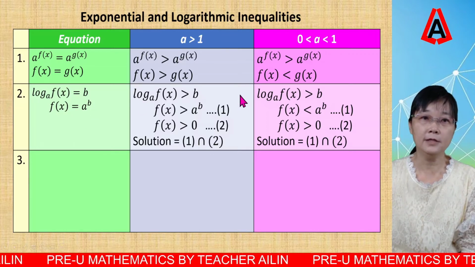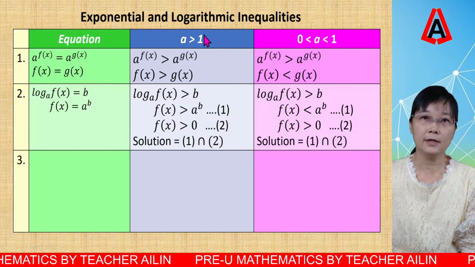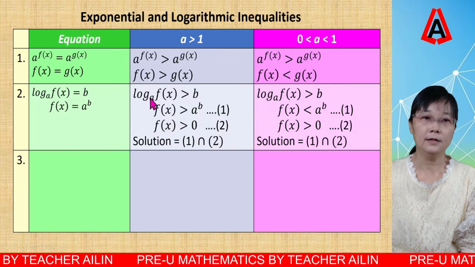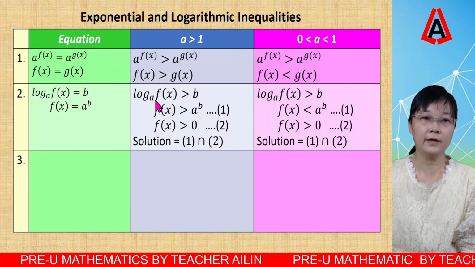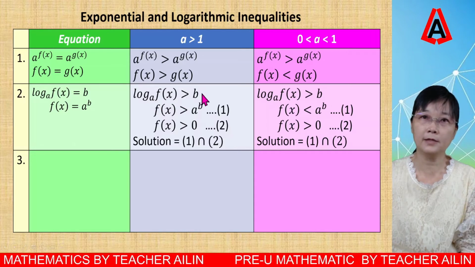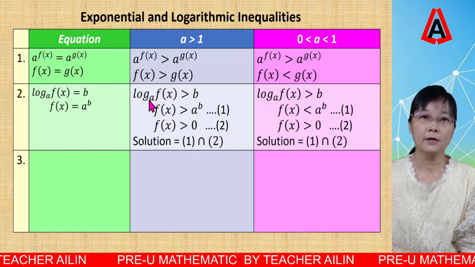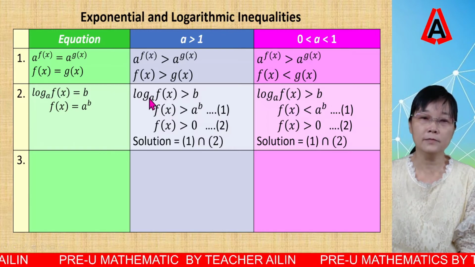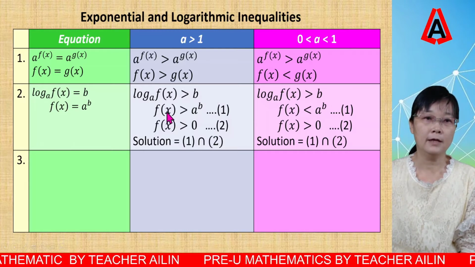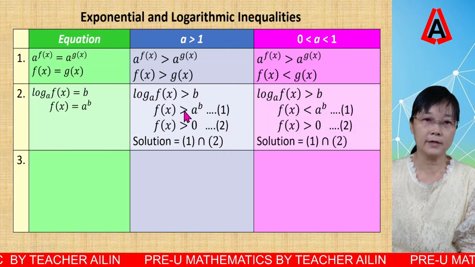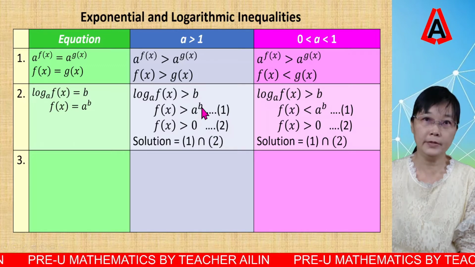Now for the inequality, if the base a is greater than 1, and the inequality is logarithm of f of x with base a greater than constant b, when we shift the base to the right hand side it becomes the base of the exponent, then f of x is still greater than a power b.